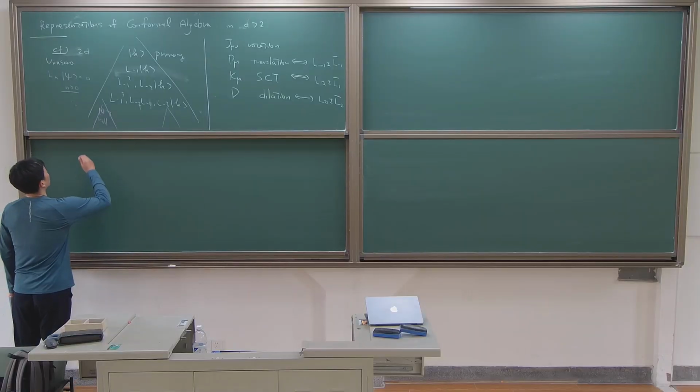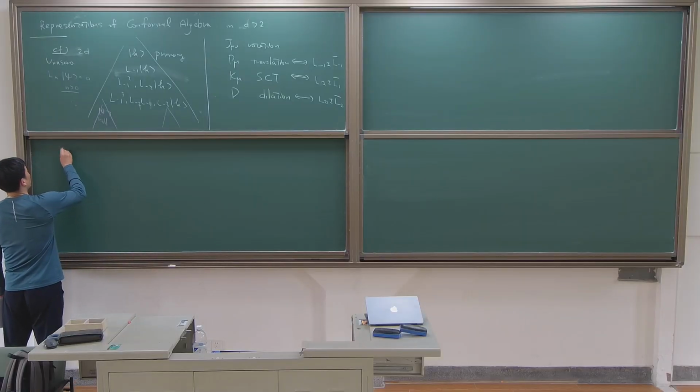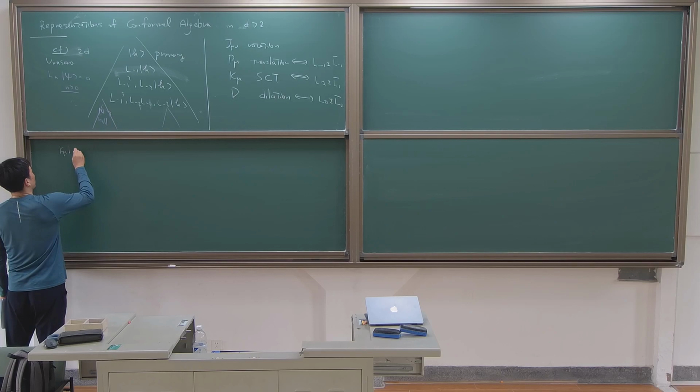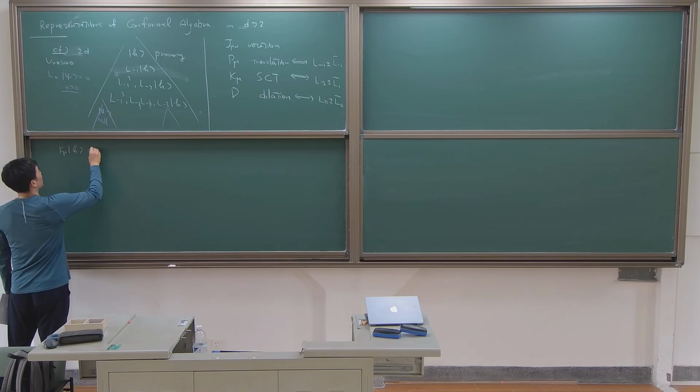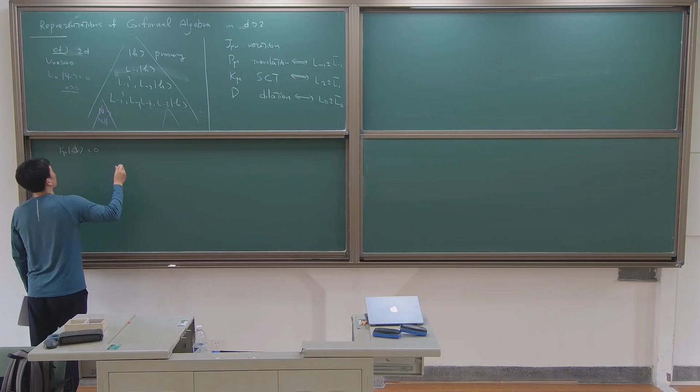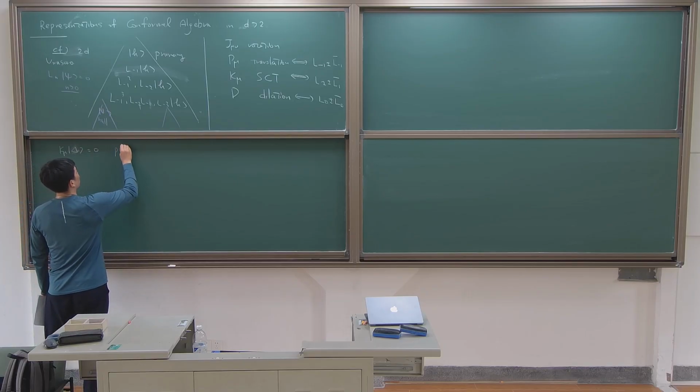And then in high dimension, the primary state is again, let's say, h equal to 0 or delta, whatever notation is okay.